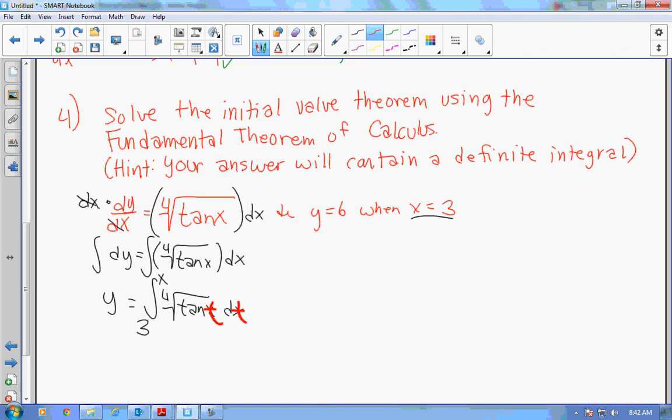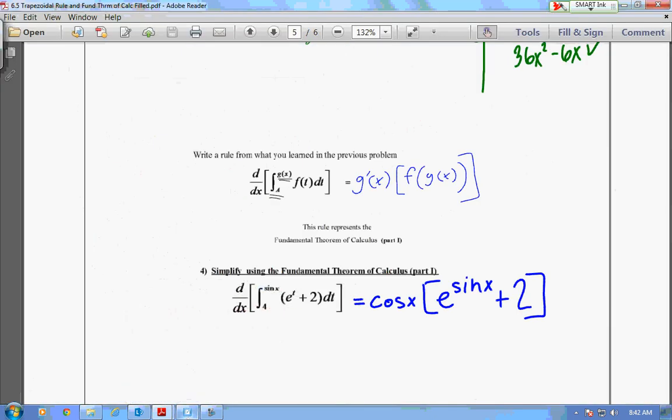So where does the dt come from? I know I saw it in the notes. Because this was, we're taking the derivative of the integral. Now, on our notes today, we're just doing the integral. So it's a function with respect to t. Where does it tell us the function with respect to t? Because of the fundamental theorem of calculus. The function is with respect to t in the fundamental theorem of calculus.